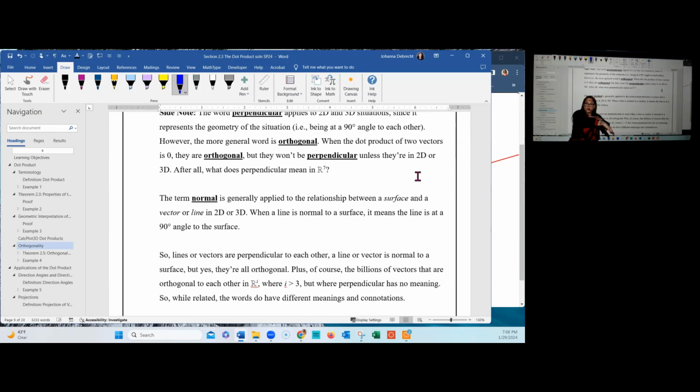So if I had a surface, not just a curve or a vector, but an actual surface, and I had a line or vector that was perpendicular to it, we say it's normal to the surface, right? Meaning that the angle between the line or vector and the surface where they connect is 90 degrees or pi over 2. So again, perpendicular, orthogonal, and normal are related terms, but they do have slightly different meanings and connotations.